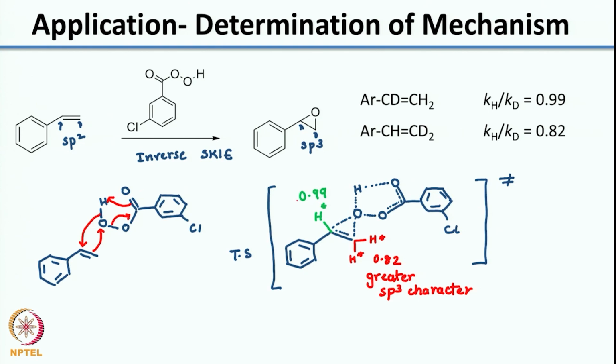So, if I were to think of the position of the transition state with respect to this bond, I can say that major bond formation occurs in the transition state.